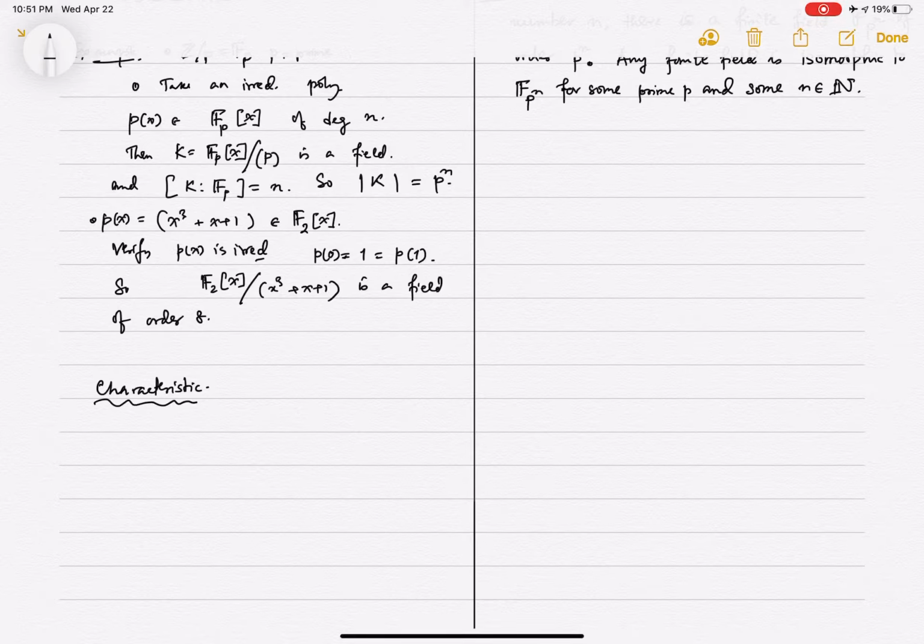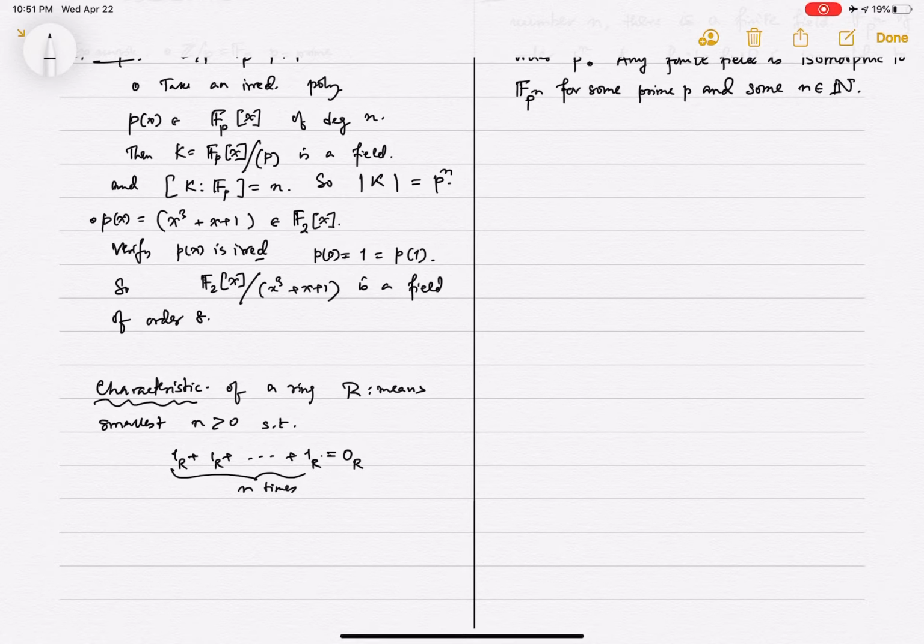Characteristic of a ring even means the smallest n bigger than 0 such that 1 plus 1 plus 1, n times, gives you 0. And here the 1 means 1 of the ring, and 0 means 0 of the ring.